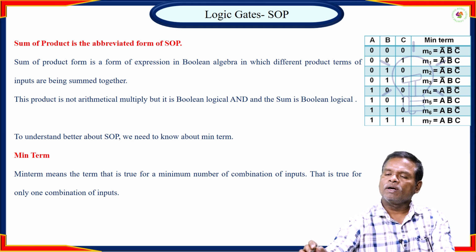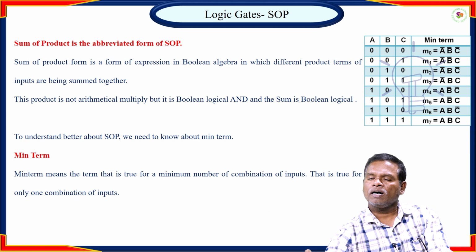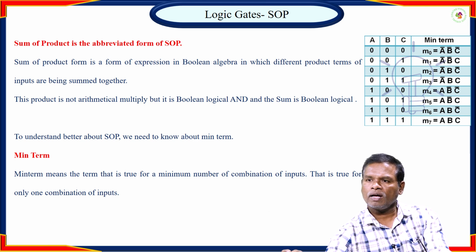The literals or variables are said to be in the true form. Since we are calling it a product form, 0 corresponds to the complemented form and 1 corresponds to the normal form. So corresponding to each of the 3 variables, since we have 0 in the first combination, M0, that means min term 0, is nothing but A bar, B bar, C bar.